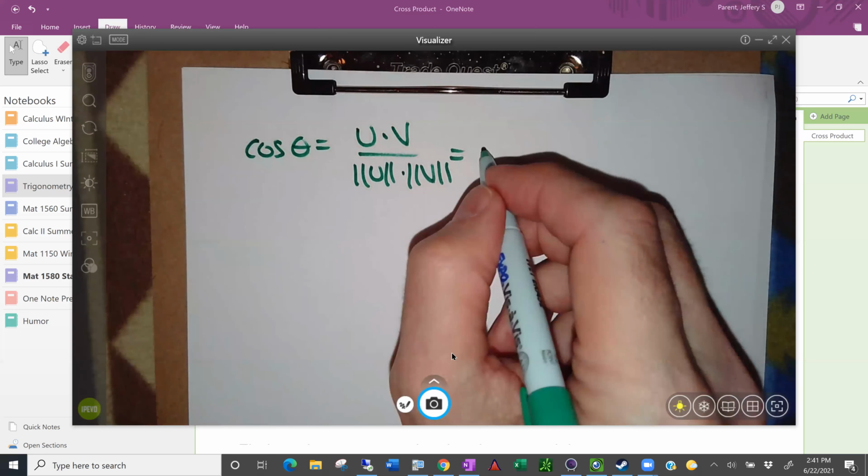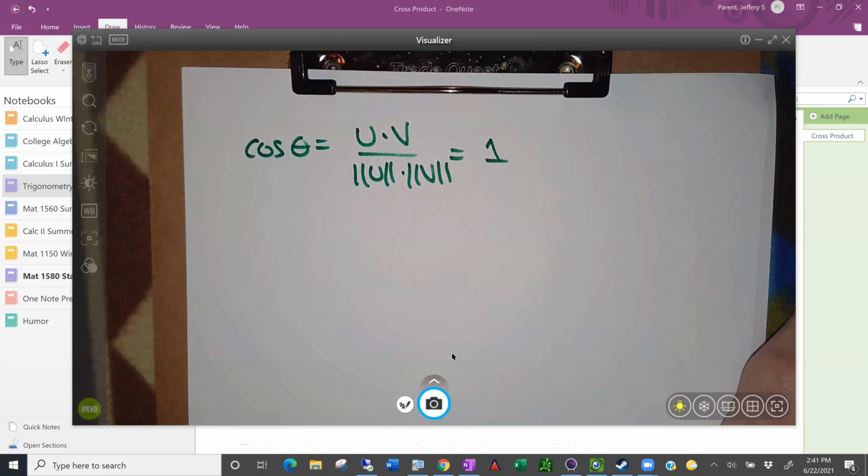It'd have to be 1. Yes. And then the angle between them would be 0. Or -1. Making me think about it. Because then that would be 180 degrees, but it would still be considered parallel. So if it's 1 or -1, then it'd be parallel.